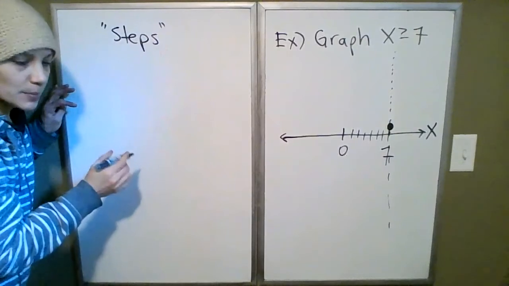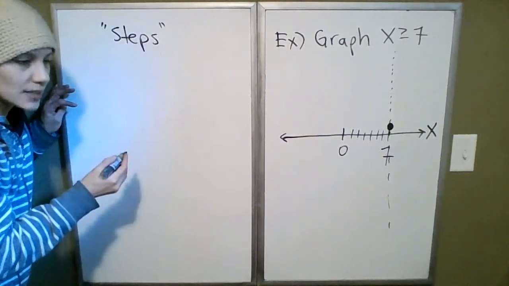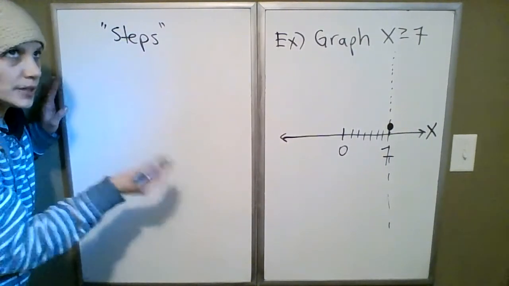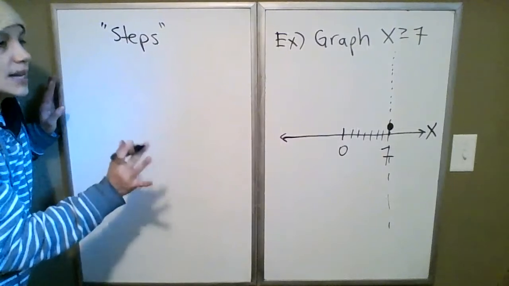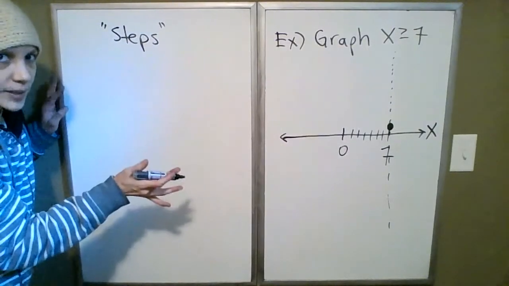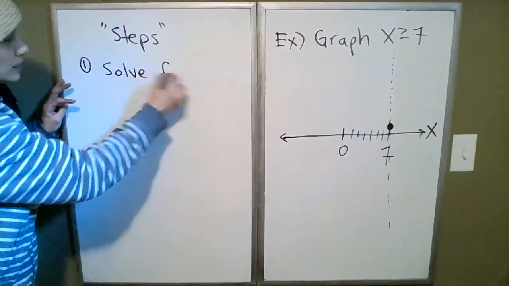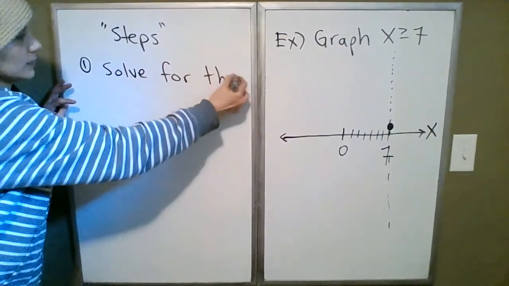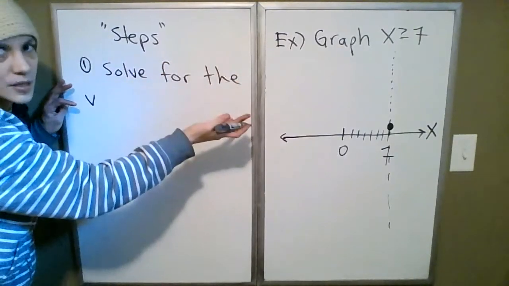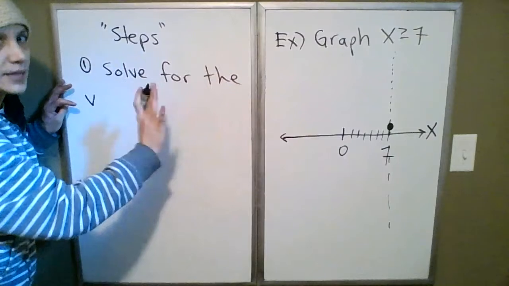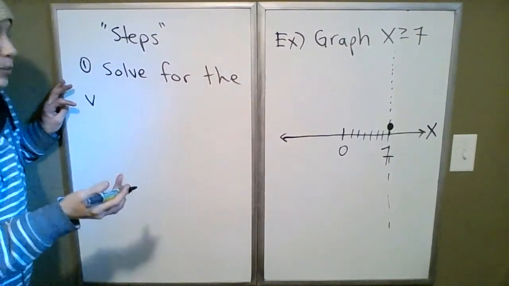I'm making these steps up from my experience. Usually you want to look at your inequality and solve for your variable, which this one's already solved for. We have x isolated and everything else is on the other side of the symbol.